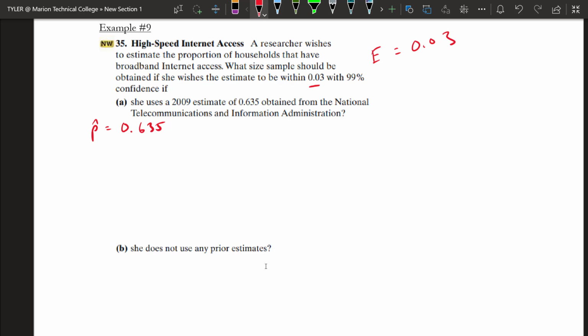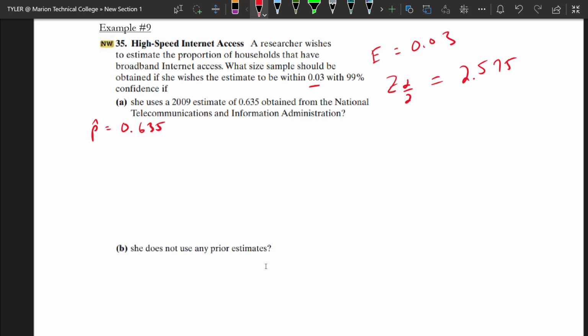Another thing that's missing from the equation: we know E, we know p hat, we need to know what the critical value z of alpha divided by 2 is. If you look at that table for 99%, that's equal to 2.575.